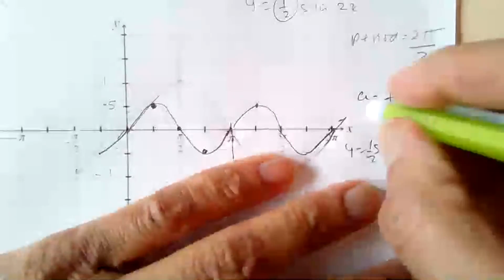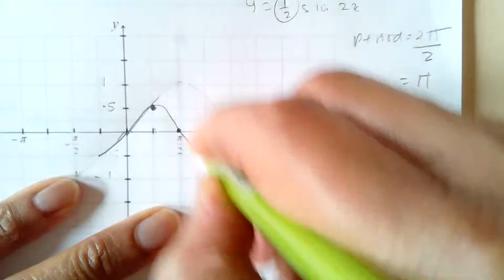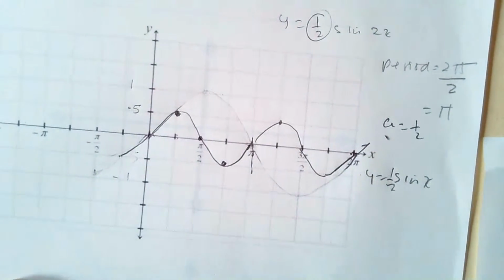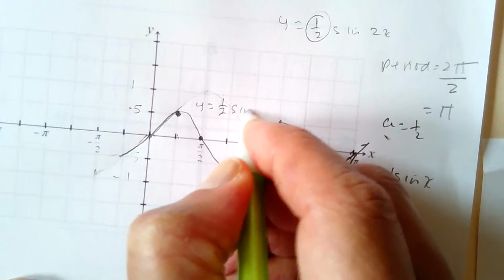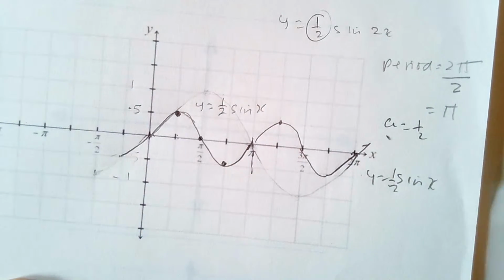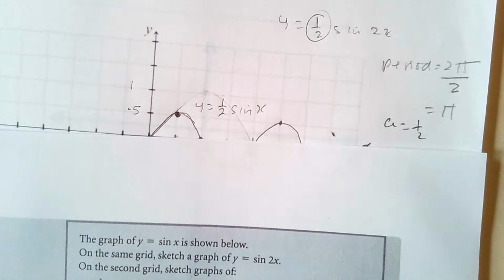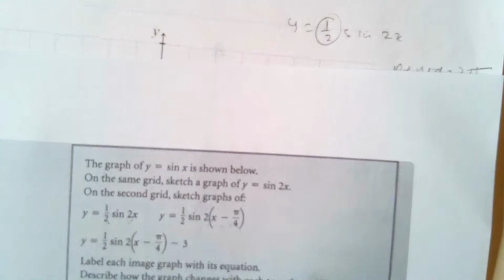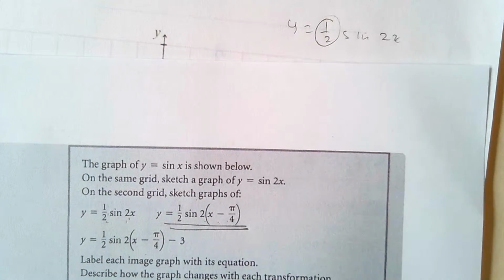So y is equal to half sine x is this graph here. Now we want to change that. We want to have a horizontal shift of pi over 4.